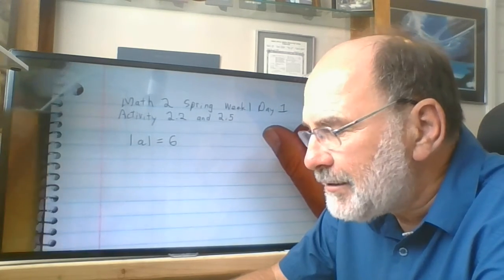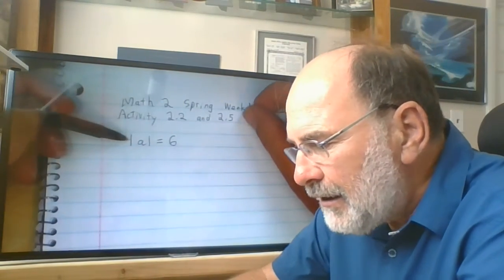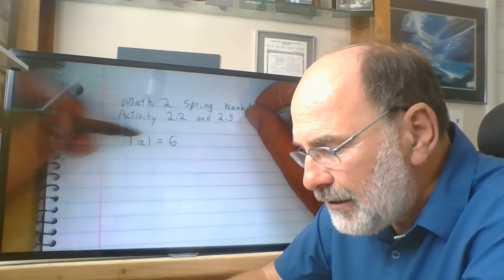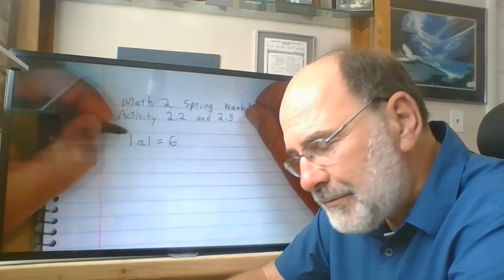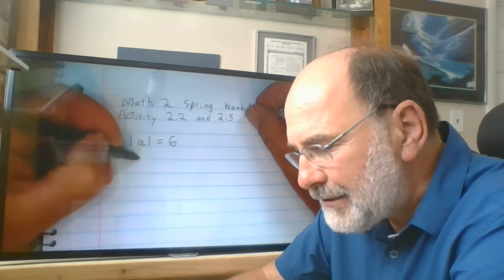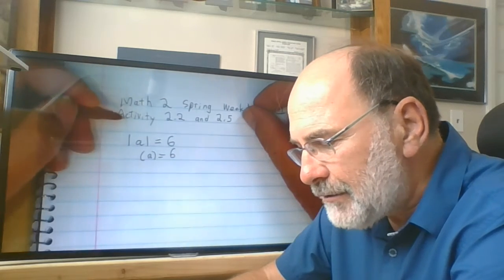I'm on page M3-28, and it says, consider a function absolute value of a is equal to 6. So there's two possible solutions. If what is inside parentheses is a positive number, then that would be one solution.